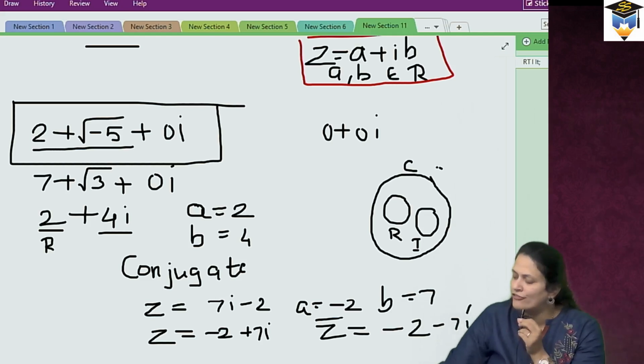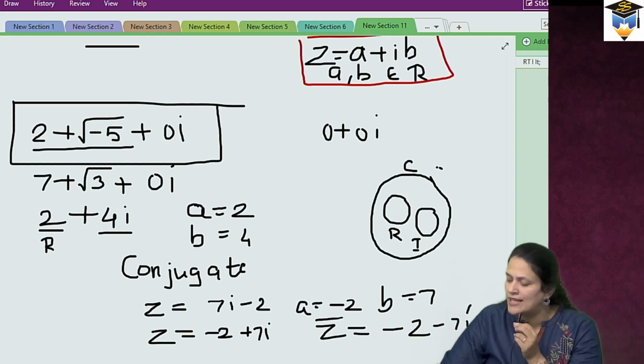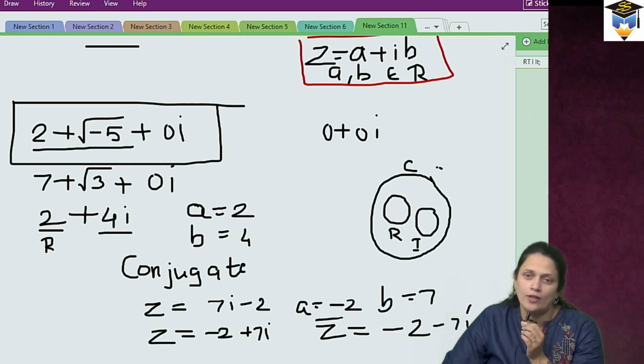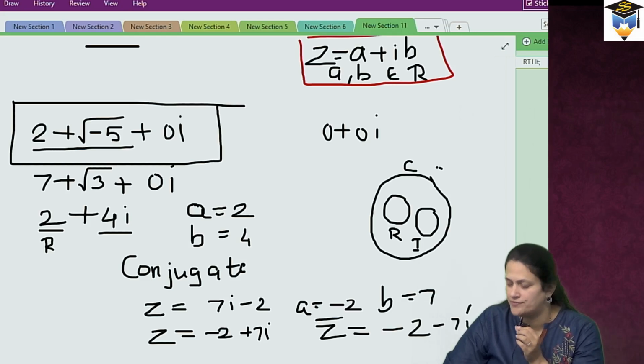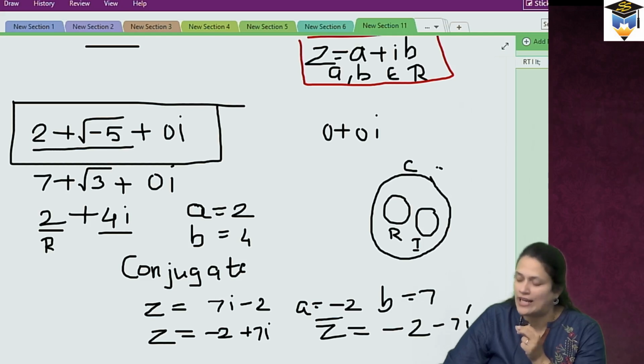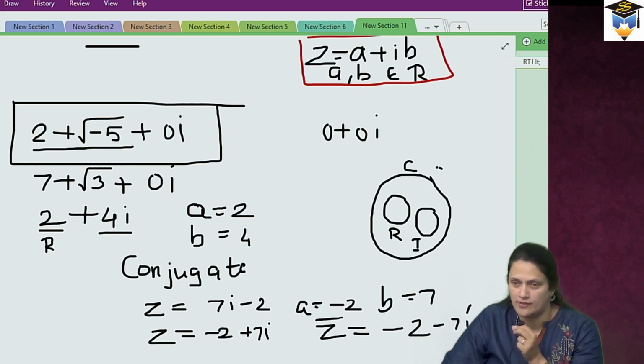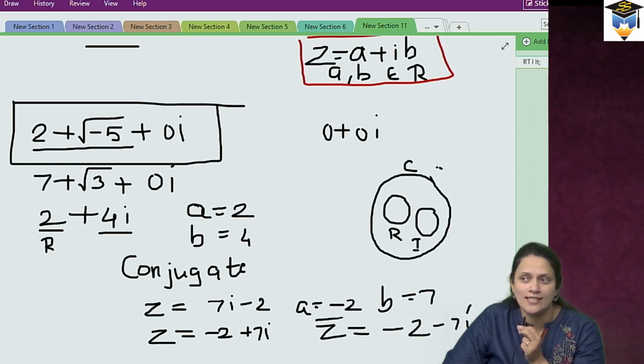Okay, so now if you can see that table, can you see the table? z is given as 3 plus 4i. What is the conjugate of that? 3 minus 4i. Then next, 7i minus 2. The conjugate of that is minus 7i minus 2. The conjugate of 3 is going to be 3 itself. Why?